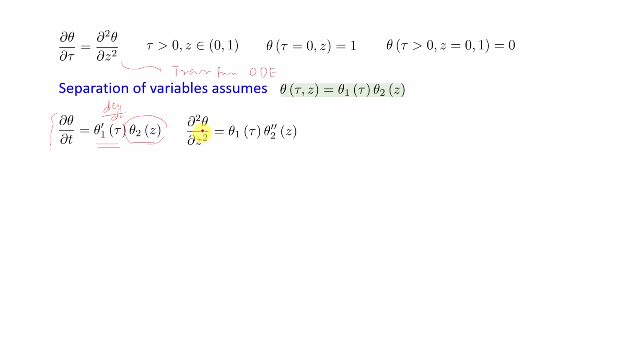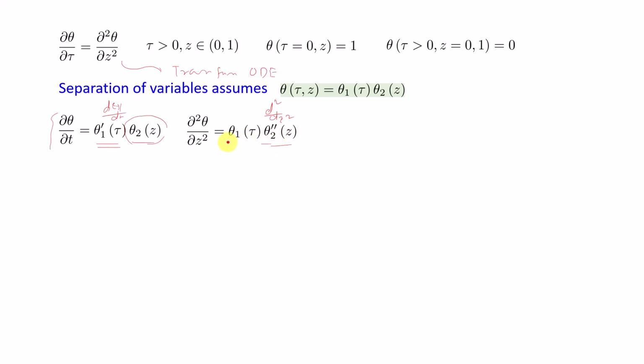Similarly, when I take the derivative with respect to z, theta 1 is a function of tau only. So the derivative will only appear in theta 2, and theta 2 is a function of z only. Therefore, this derivative is a usual ordinary derivative, not a partial derivative.